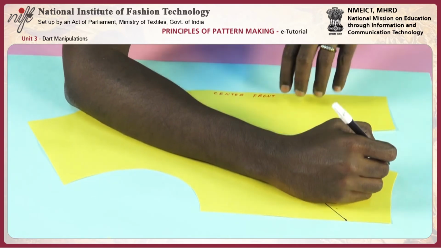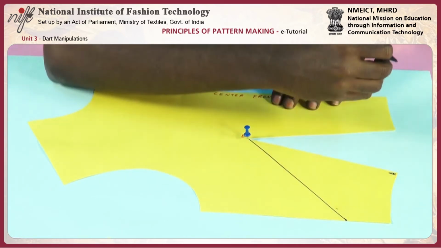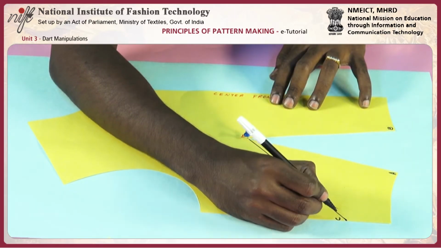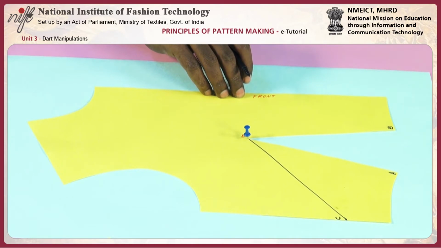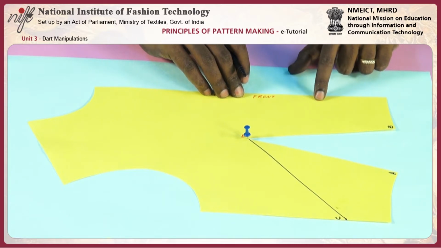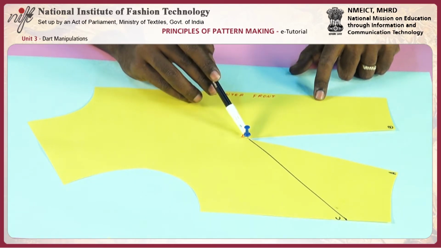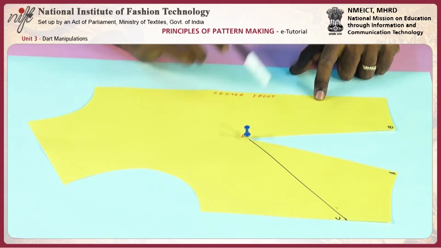Mark dot legs A and B, and the French dot position C. In this method we are going to rotate the body based on the pivotal point. The pivotal point is the dot end point, the highest point.